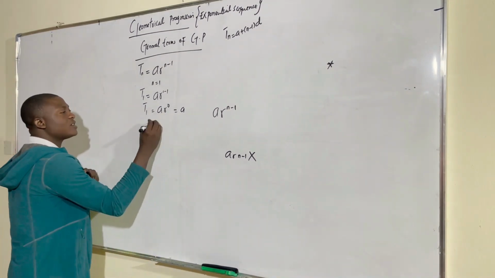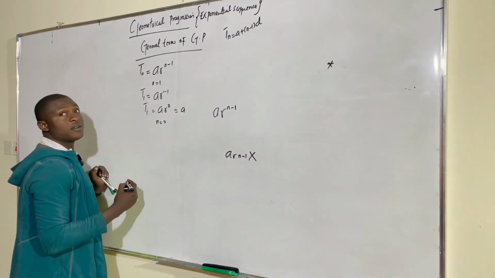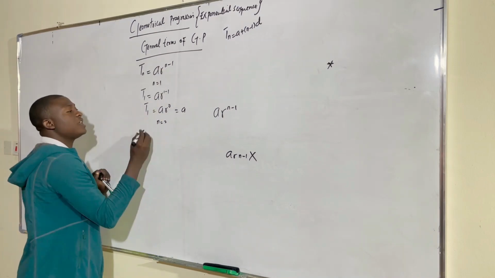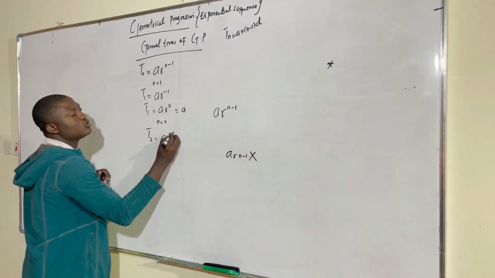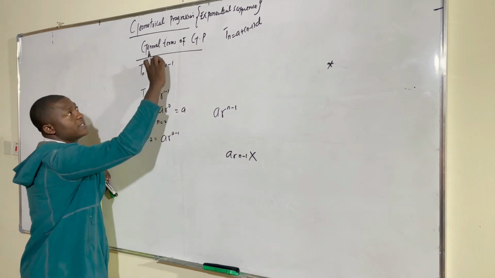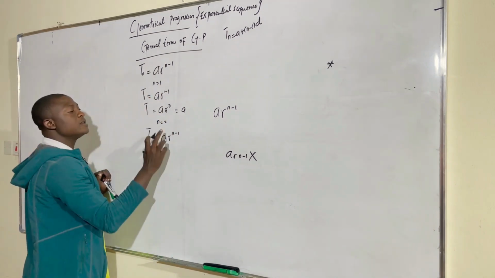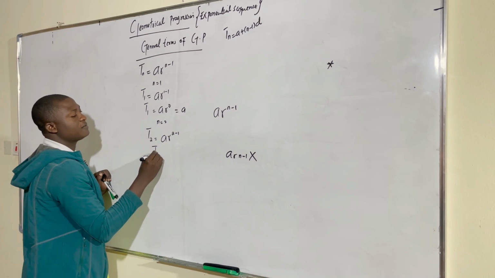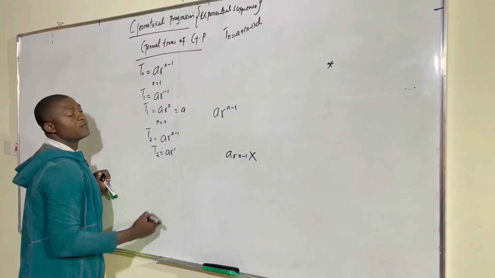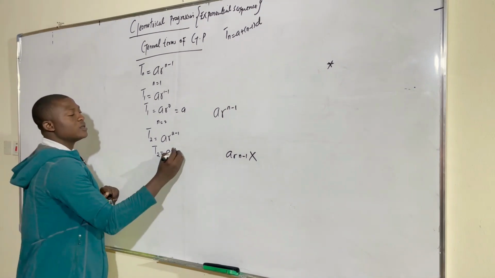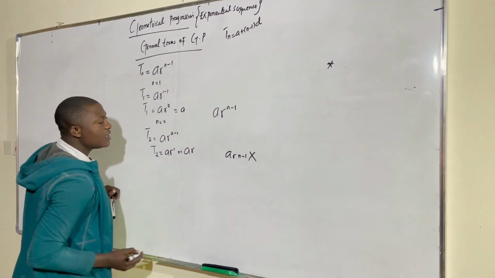If I want to find the second term, when n is 2, then T2 equals ar^(2 minus 1), which is the same thing as ar.